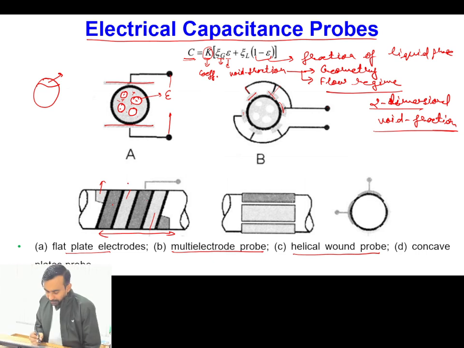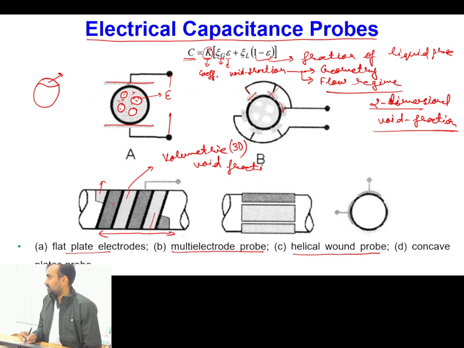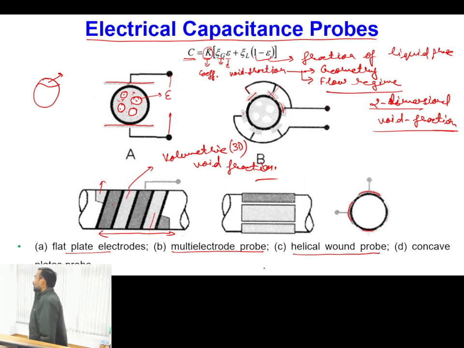That's why whatever value I get may give me the idea of volumetric or three-dimensional void fraction. Is this one clear? Similarly, there can be another arrangement like concave plates. For example, curved plates, alternate curved plates, are used instead of the flat plate arrangement.